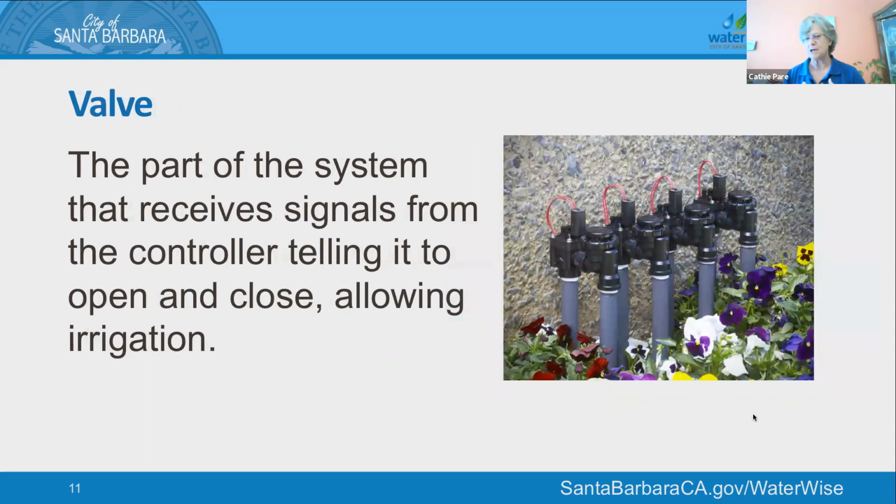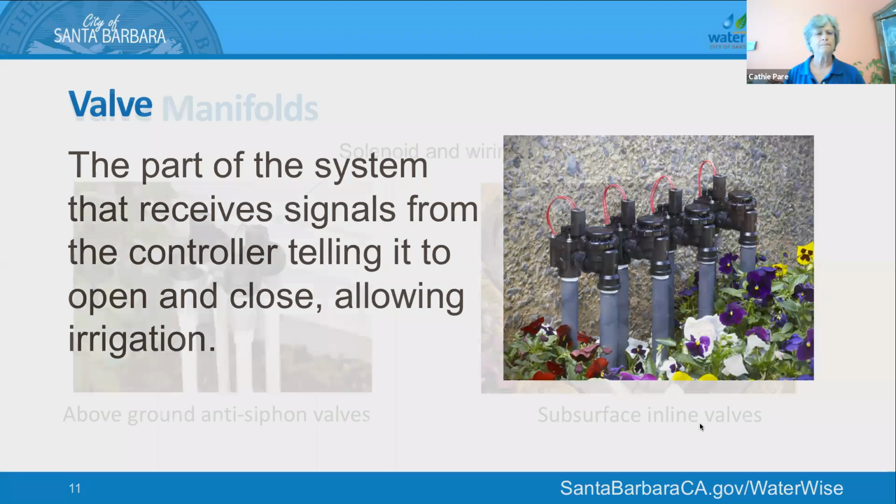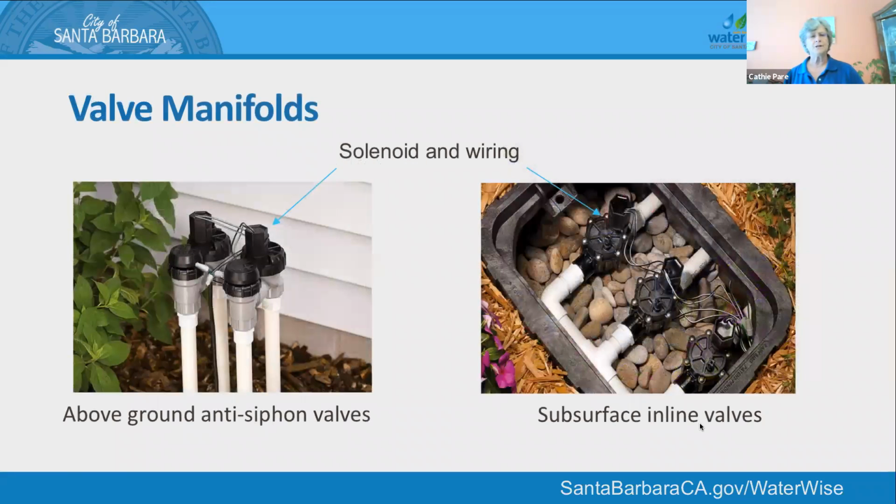Picture of anti-siphon valves. Most of us have these in our garden. You can go to the next slide. We'll show you the 2 different types of valves. There are anti-siphon valves, which are the ones that are above ground. Notice the wiring coming off the solenoid. That's what attaches to your controller. Or you have subsurface inline valves. They do the same thing. They listen to what the controller or the timer says about when to open and when to close.